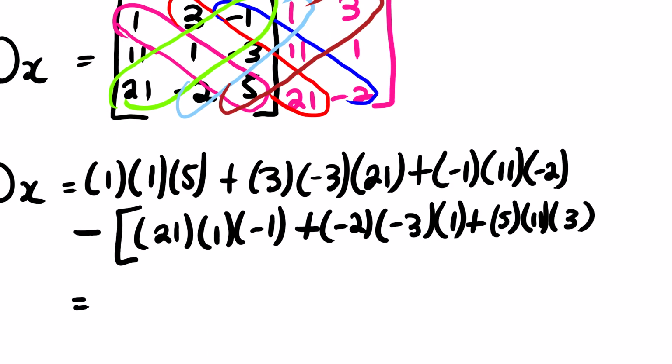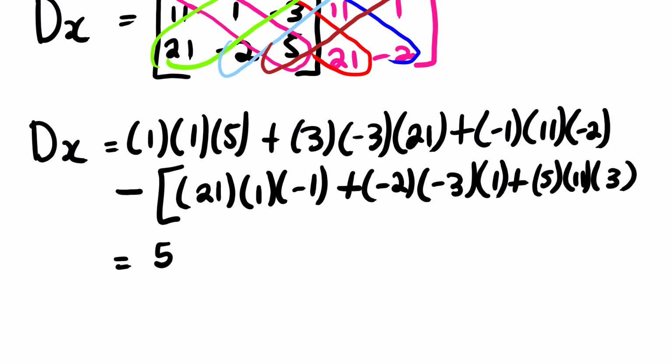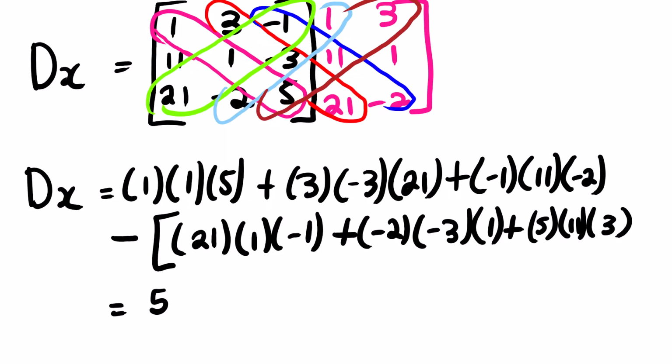So we have 1 multiplied by 1 multiplied by 5, we have 5. 3 multiplied by -3 multiplied by 21, our answer will be -189.